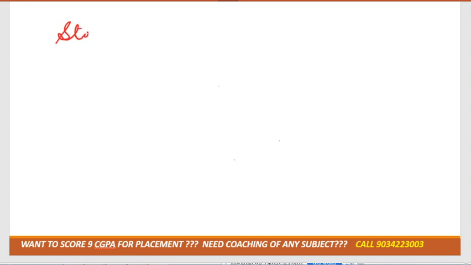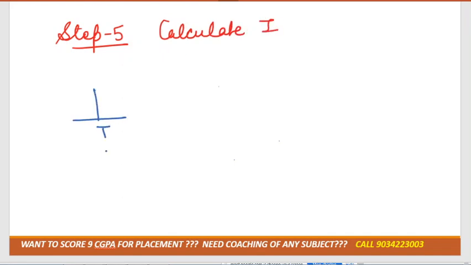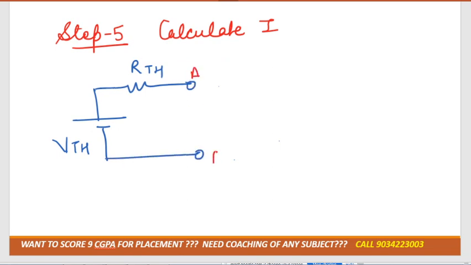Now move towards step number 5. Step number 5 is calculate current. We calculated VTH, right? VTH is connected in series with RTH, and wherever we disconnected or open-circuited the load resistance, that comes back.